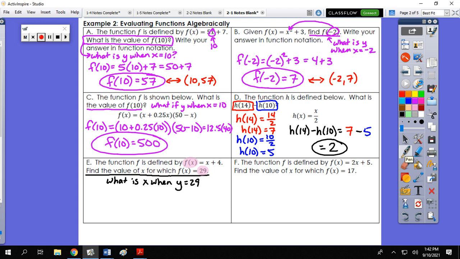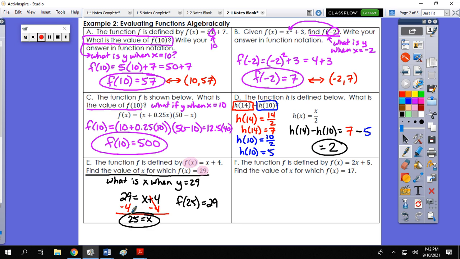So that would give us the equation 29 equals x plus 4. We've already practiced this year how to solve that equation. We need to get rid of the plus 4, so we would subtract 4 from each side, and we would find that x is 25. So in other words, f of 25 is 29.